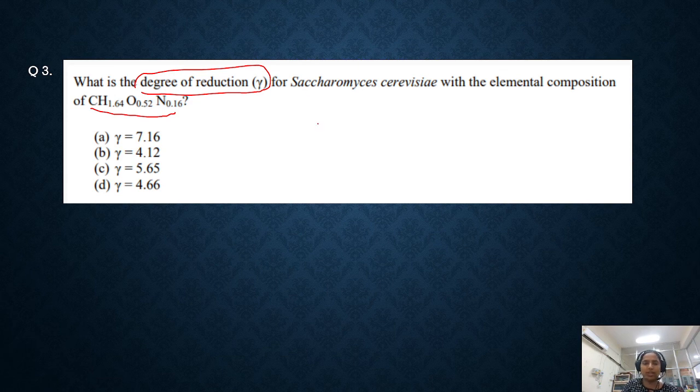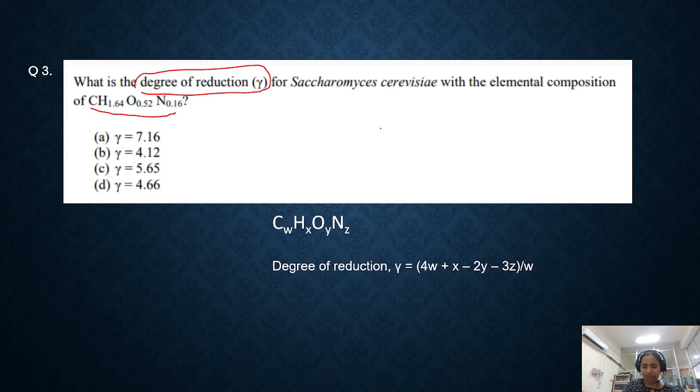So what is the degree of reduction? Suppose this is the formula of any substrate you are considering, or let's say biomass or product, in all the same way we consider that the composition of that compound is in the form of this, CHON with subscripts W. W is mainly representing how much they are.